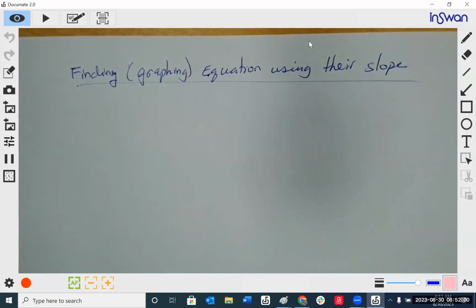Because if we don't have 2 points, as long as we have a point and a slope, I can tell you the equation of the line. I can tell you the graph. I can tell you everything about that graph equation.